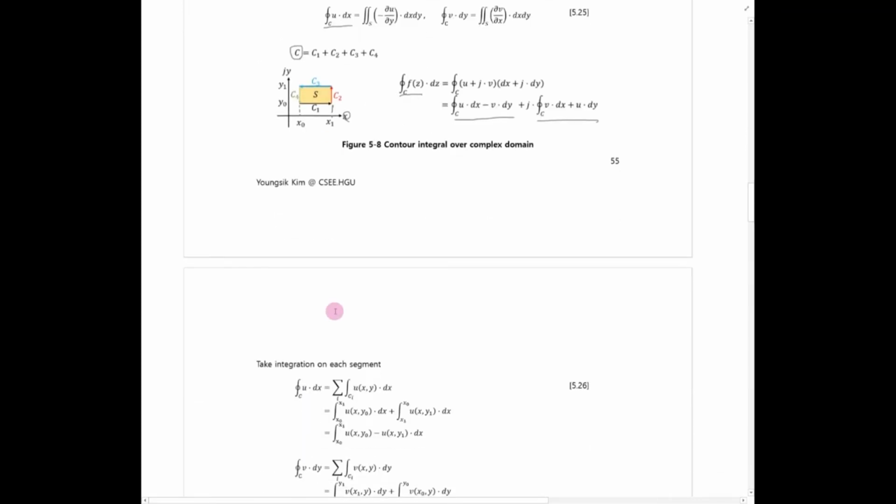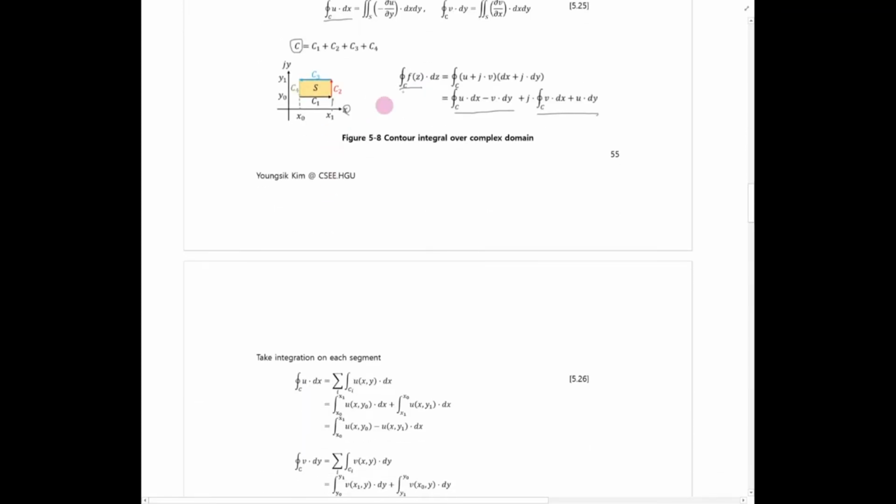That's the same as this part. So how are we going to change the contour line integral into an area integral? From here, what is the meaning of these integrations? This integration means u, which is a function of x and y.